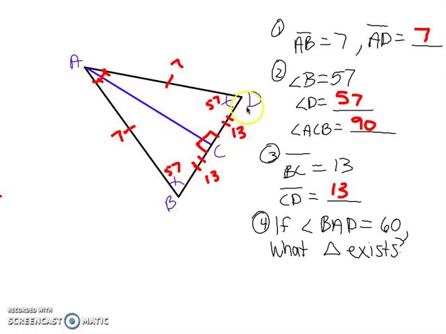So if that were the case, that would mean that this angle right here would be 60 degrees. And I know the base angles are congruent, which means this has to also be 60 and 60. So what would we have? If they were all 60 degrees, then we would have an equilateral triangle if we ignored all of these markings.